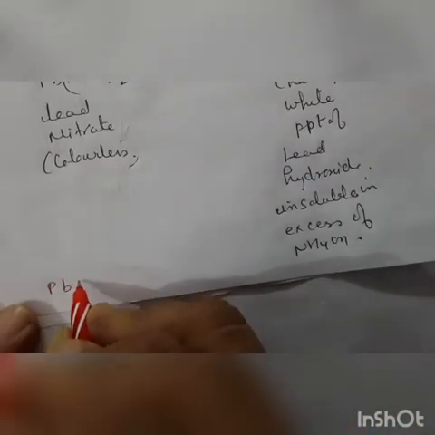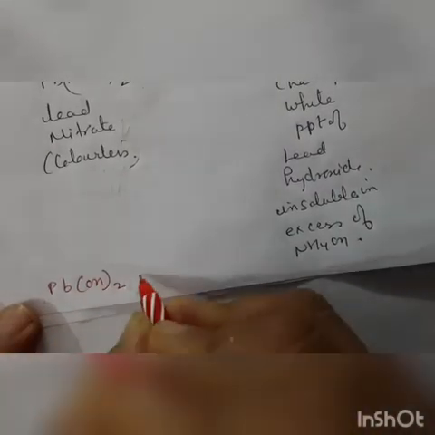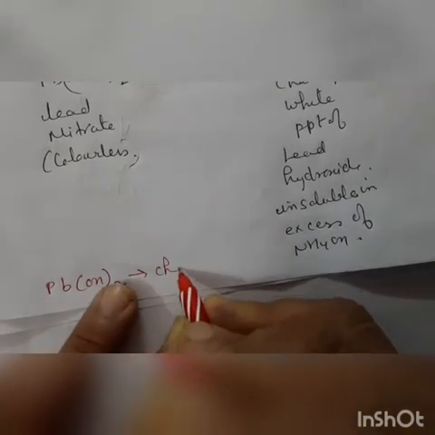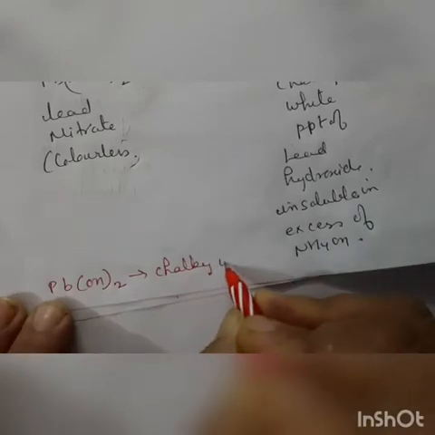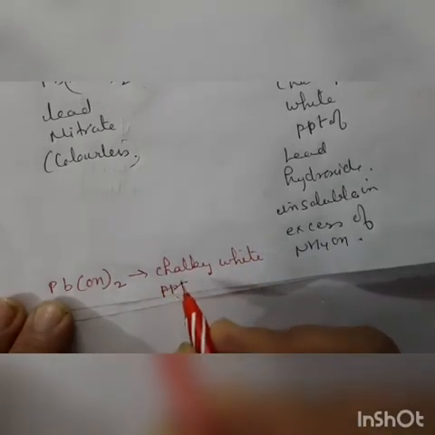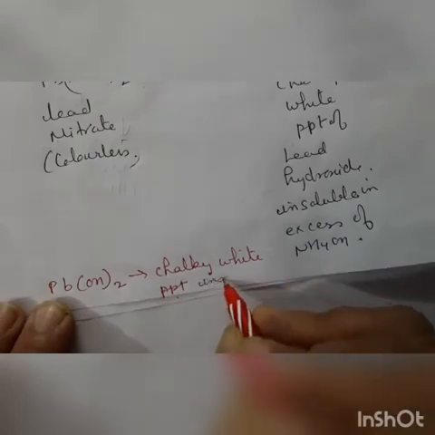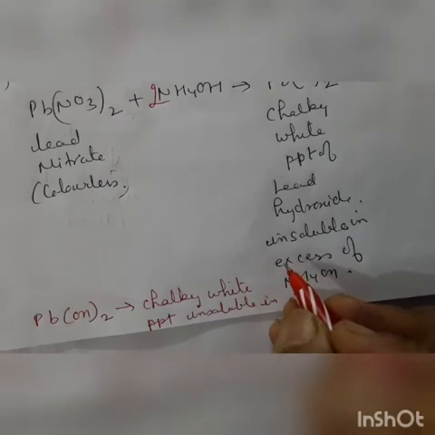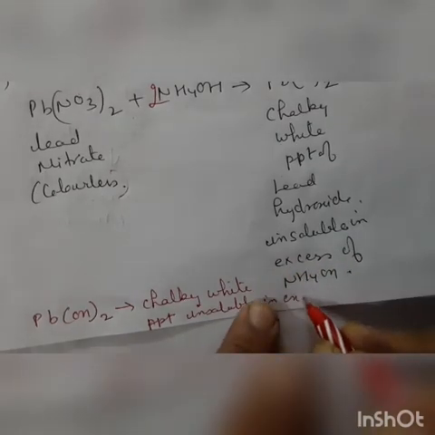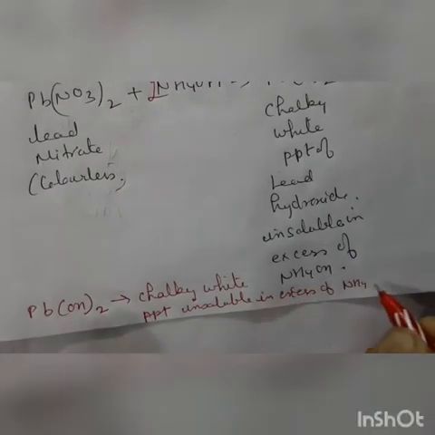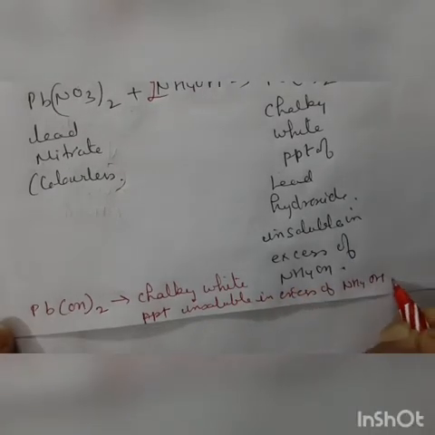So here we conclude that lead hydroxide is a chalky white PPT, insoluble in excess of ammonium hydroxide.